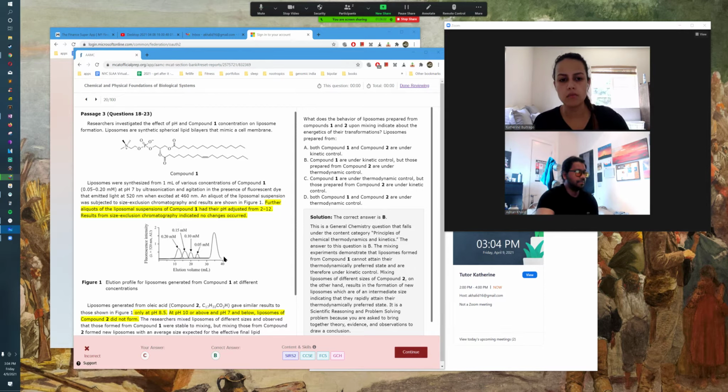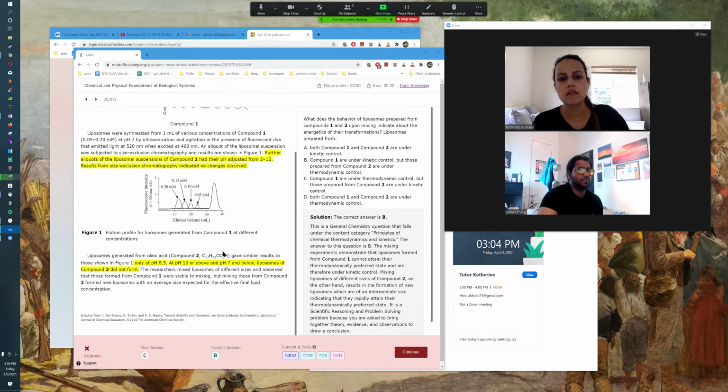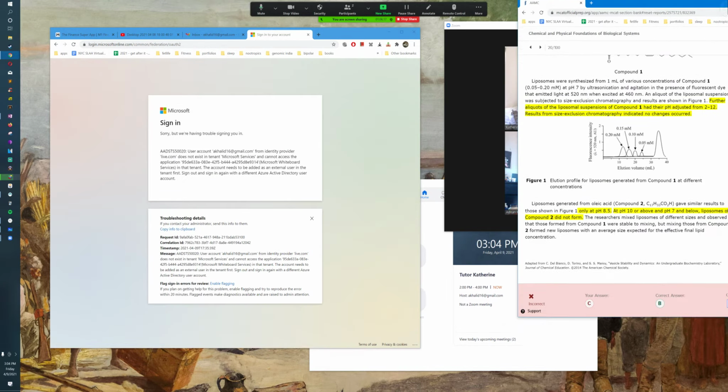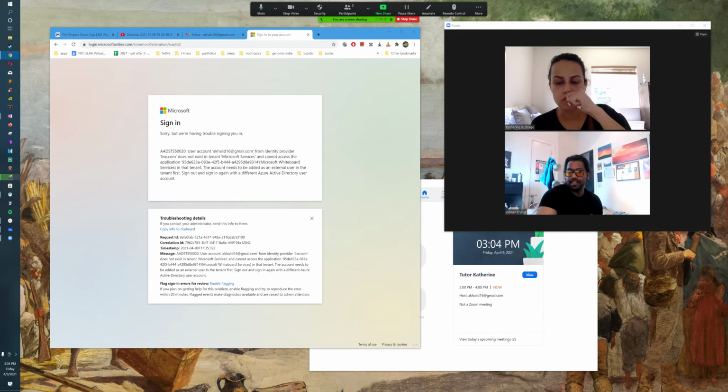If we threw compound 1 in a beaker, then it's going to form the different sizes, so they're already formed. See where it says mixed liposomes of different sizes? That's what that is. They throw that into the beaker, so these are different sizes.